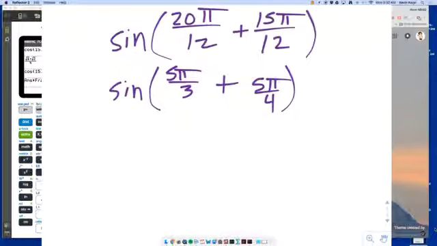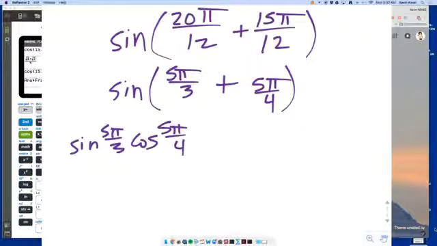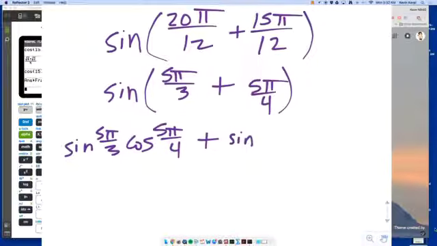Now we will use the identity. Sine is selfless. So it's sine of the first, cosine of the second, and then sine, same sign. And now it's sine of the second, cosine of the first. And once you get that expanded, now it's unit circle time.